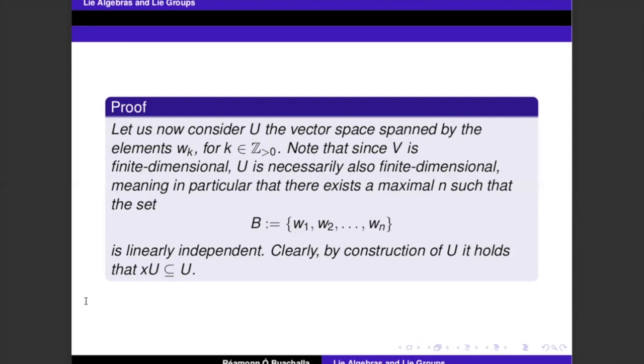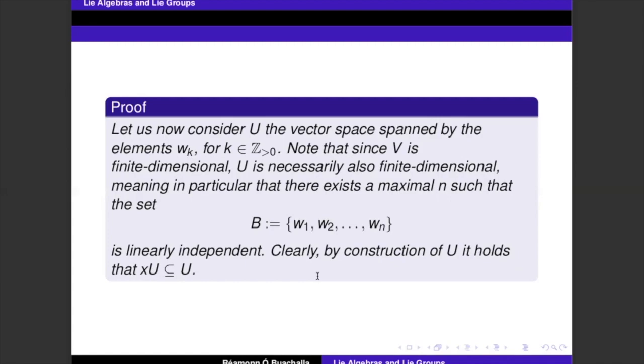The point is that if at any point in your sequence of W1, 2, 3, 4, 5, your set becomes linearly dependent, then throwing this element away and continuing won't work. It will continue to be linearly dependent. So once linear dependency starts, that's it. So there will exist a maximal n. I don't know if my explanation of this is the best, but really you should just think about it yourself. It's basic linear algebra. There will exist a maximal n such that this is linearly independent.